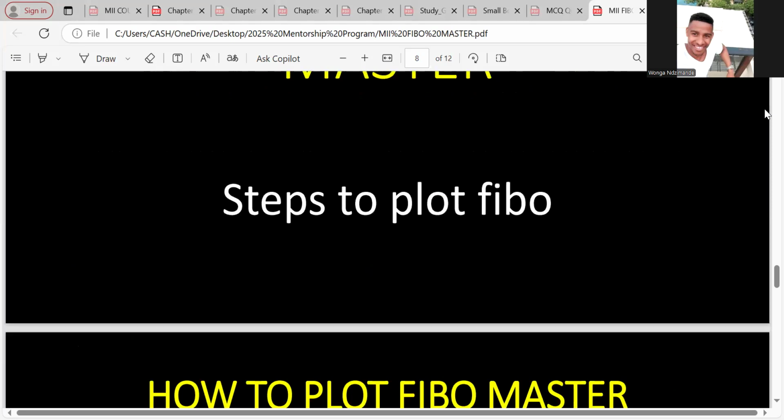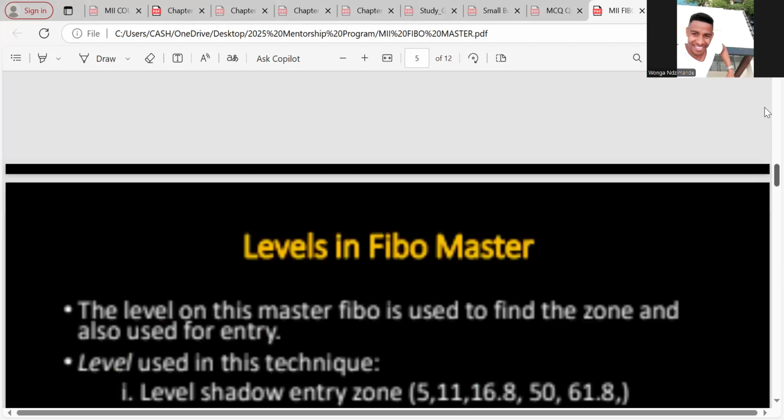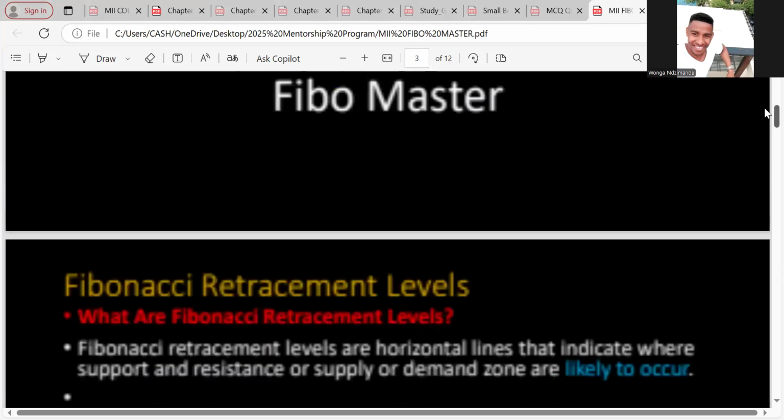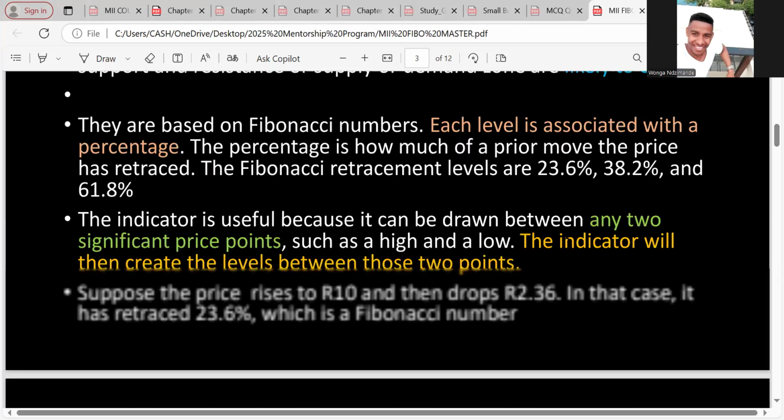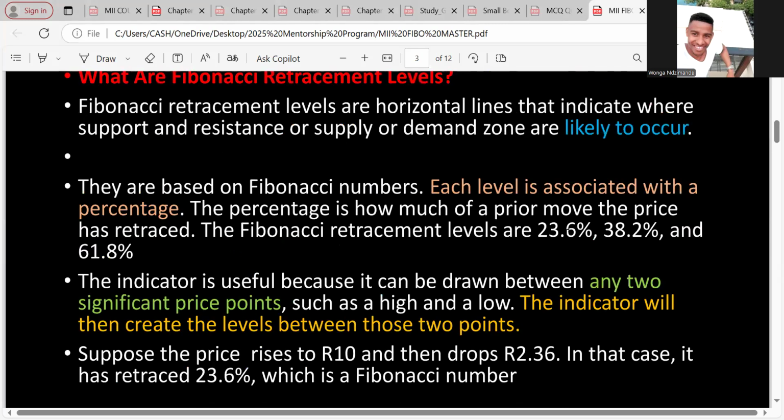Number two, you want to make sure you've got a minimum stop loss, a very small stop loss. Secondly, with your entry, you want to maximize your take profits. That's basically what you want to do.